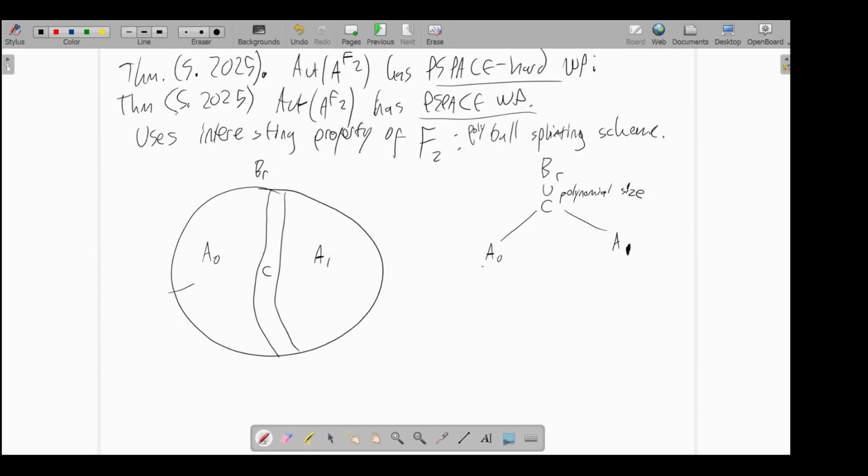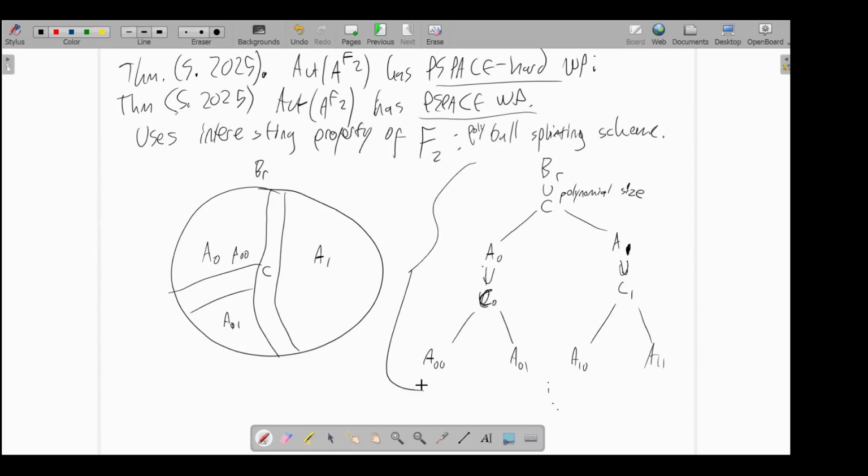And then I want to be able to also split this into A00 and A01. So I want to find a C0 which splits this into A00 and A01, and then find here a C1 which splits it into A10 and A11, and so on. And then I want this to have polynomial depth, at most R to the D size here, and at most polynomial depth.